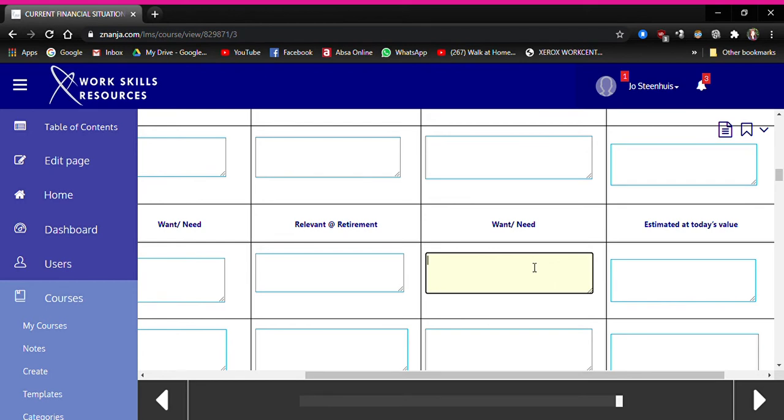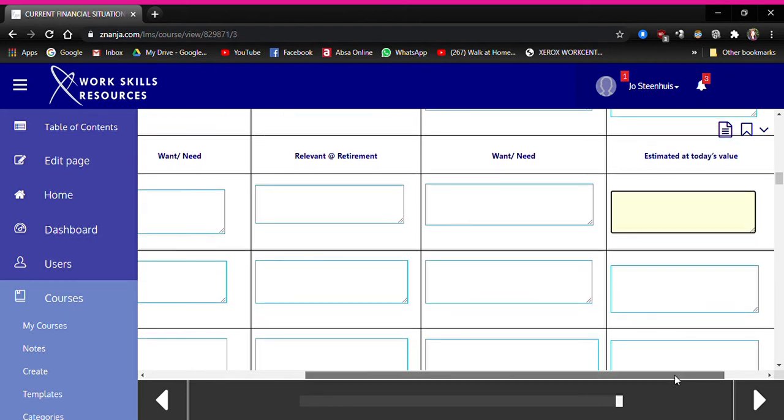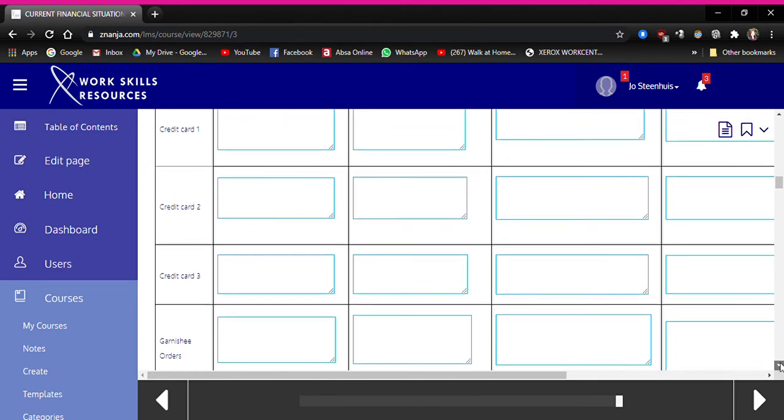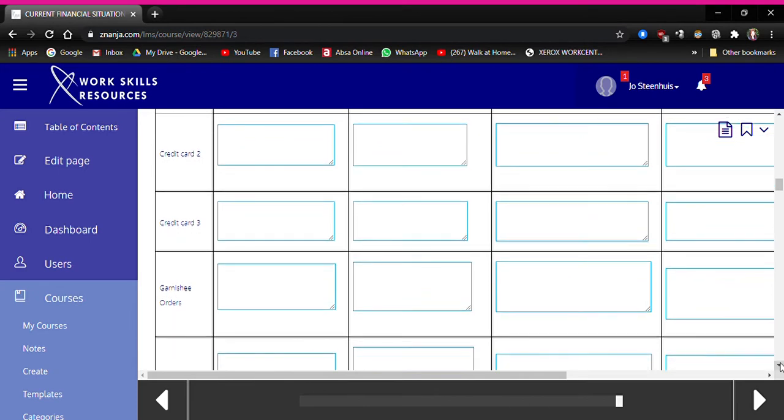If I pay 1,000 Rand now, depending on my age, of course, and when I retire, what would be the estimated value at today's monetary amount? And of course, the estimated value at retirement. If I go to credit card 2, same story.